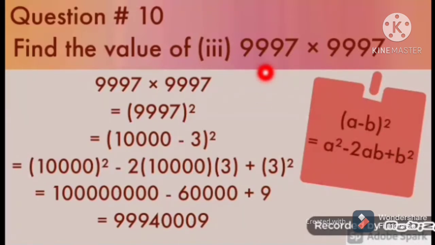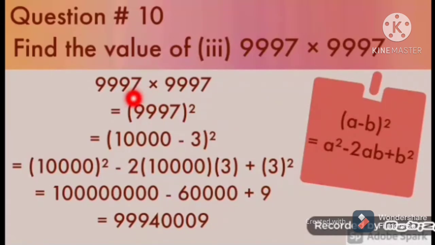In this question, we have to multiply 9,997 by itself. Again, we will not do simple multiplication. We will solve this question by using identity.